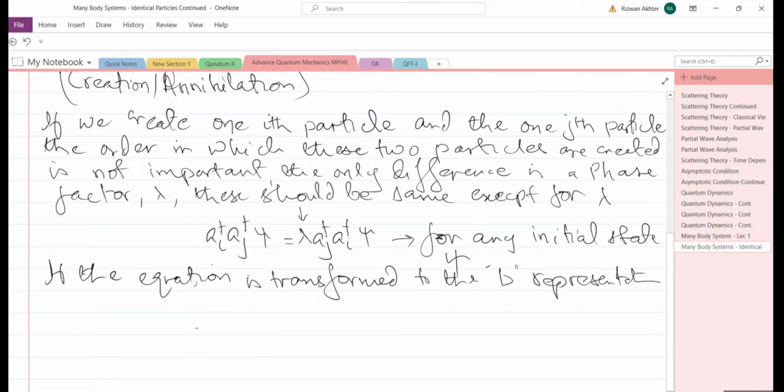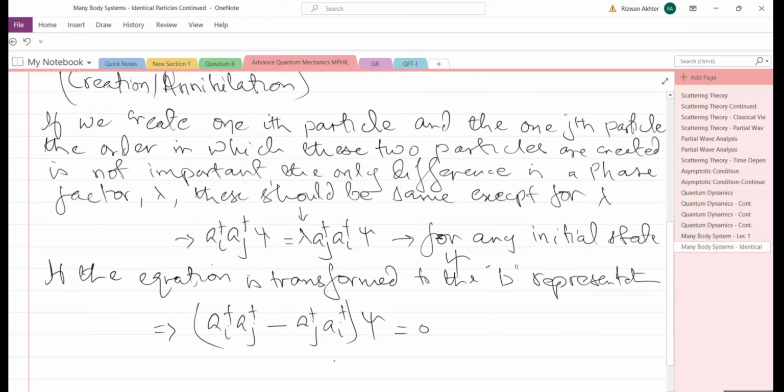we could think about the above equation. We can write it as a_i dagger a_j dagger minus a_j dagger a_i dagger of psi, which equals 0.